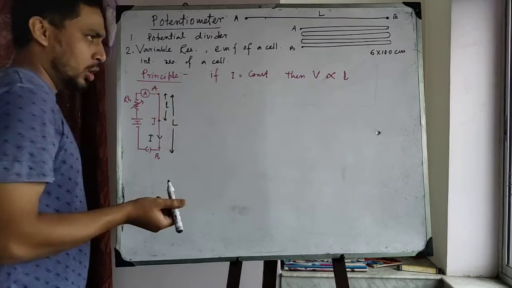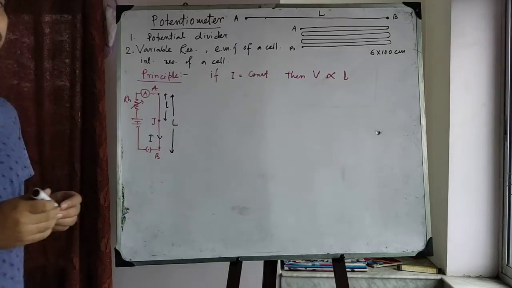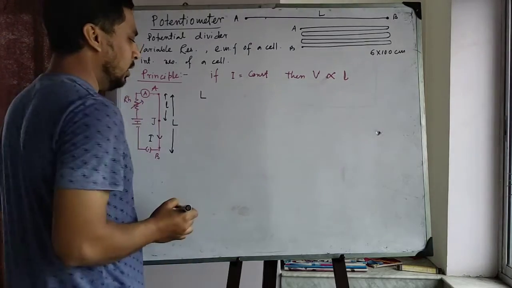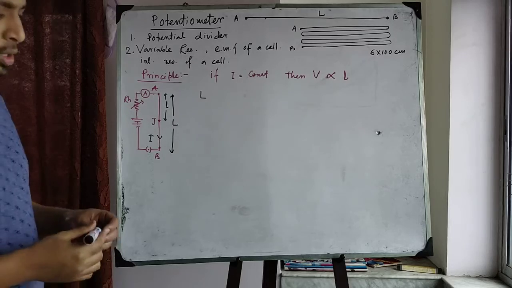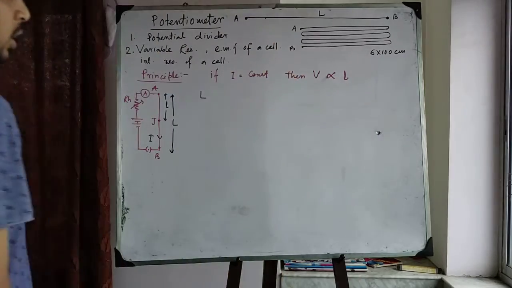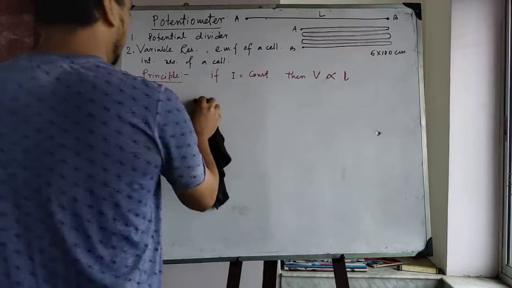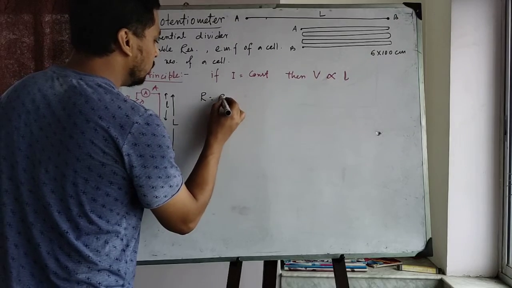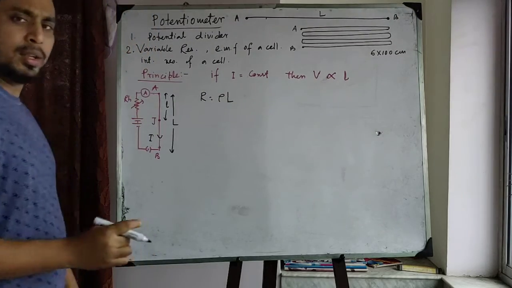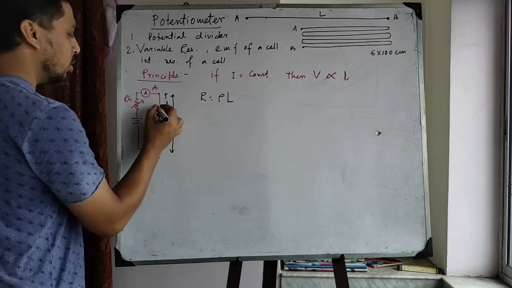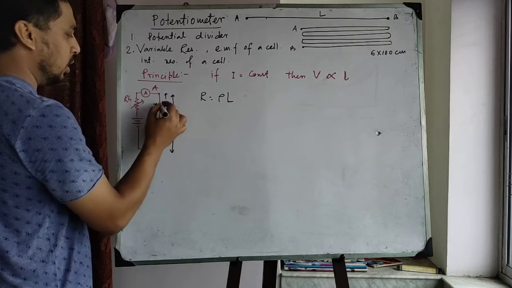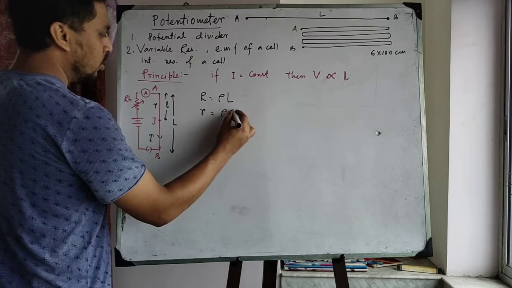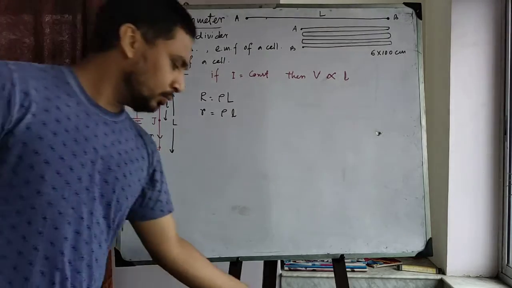Now if capital R is the resistance of the entire potentiometer wire, suppose the entire potentiometer has a length of L, and rho is the resistance per unit length of the wire, then R equals rho into L. Suppose small r is the resistance of the length AJ, so small r equals rho into small l.